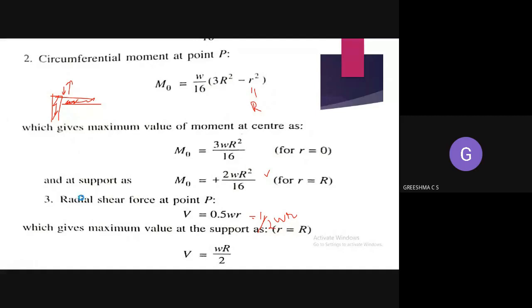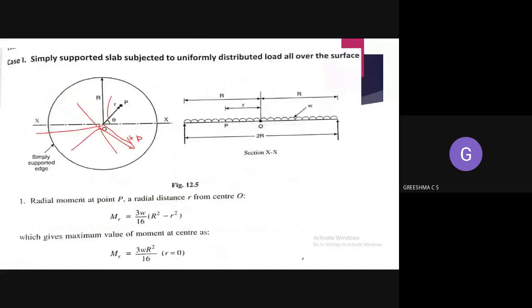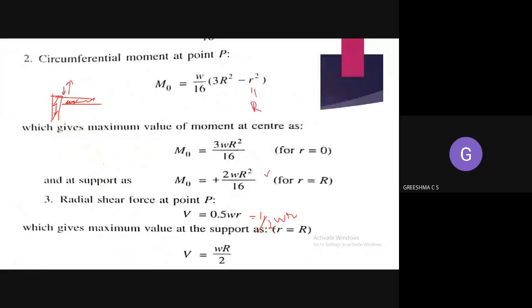So here r is equal to R. Substituting in this equation, you will get WR by 2.